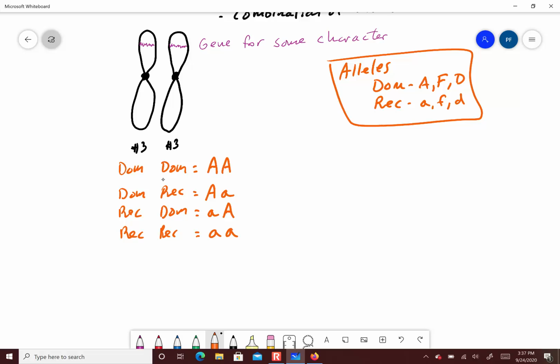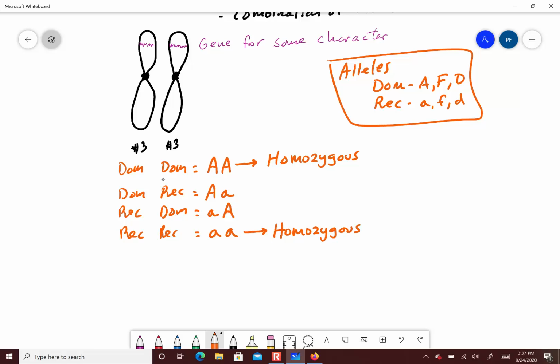All right, so last thing with this is going to be telling you terminology. If we have the two alleles being exactly the same, like two big A's or two little a's, the word we use for that is homozygous. The prefix homo means same, and zygous refers to the DNA, so in this case the allele.